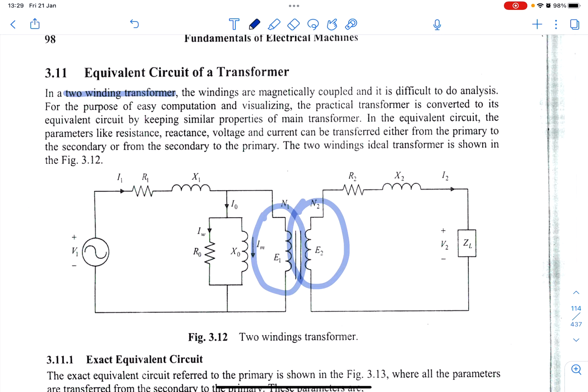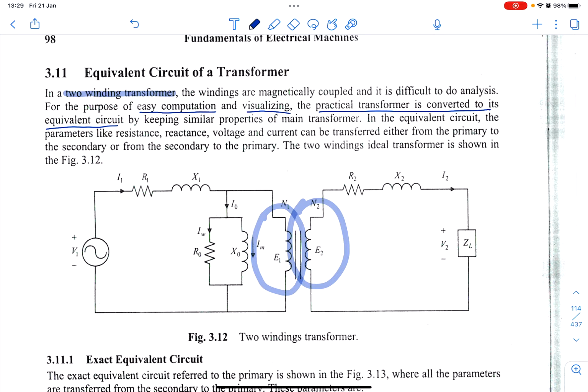For the purpose of easy computation and visualizing, the practical transformer is converted to its equivalent circuit by keeping similar properties of the main transformer.